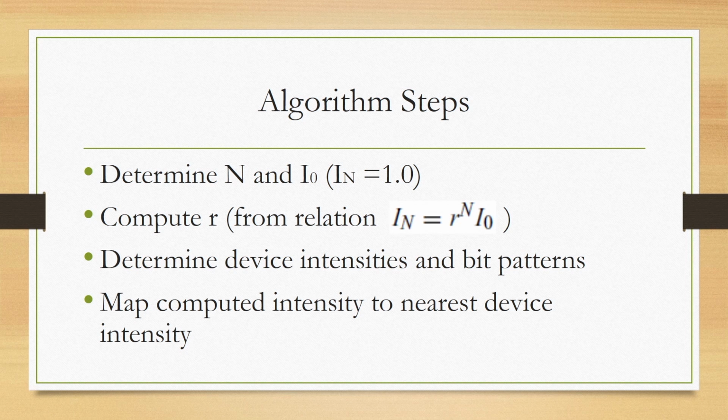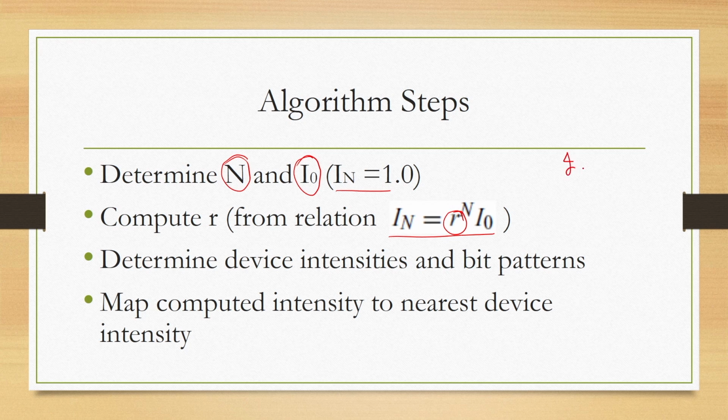So, then in summary what we do? We determine the value of n and the minimum value I 0 using photometer and assume I n to be 1.0, that is the maximum value to be 1.0. Then using the equation I n equal to R to the power n times I 0, we solve for the value R. Then using the value of R, we calculate the device supported intensity values.